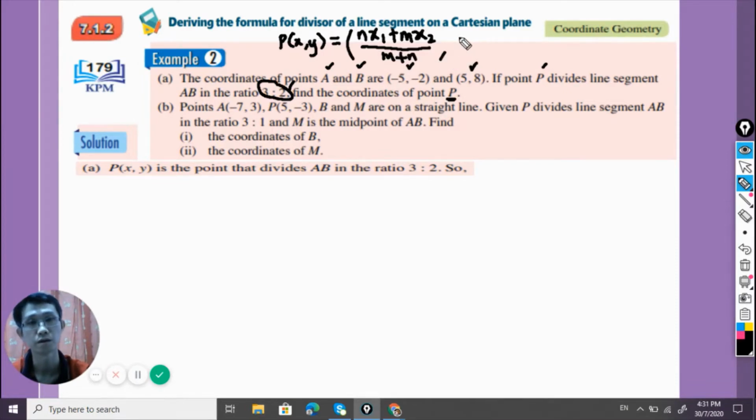As for the coordinate y, you can get it through the expression n multiplied with y1 plus m multiplied with y2, over the total of the ratio, m plus n.